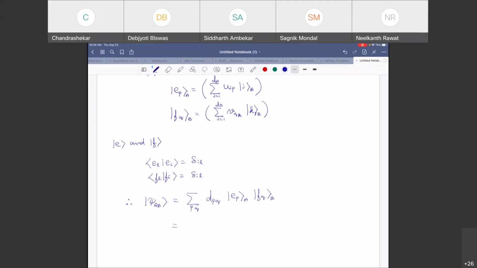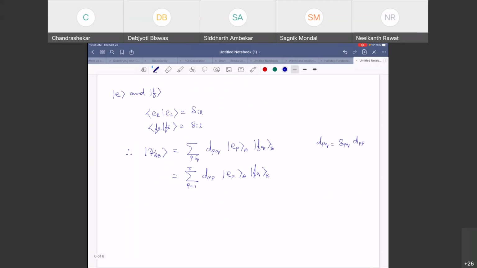But now we had this condition, D_PQ is equal to delta_PQ D_PP, and we can write this as this.